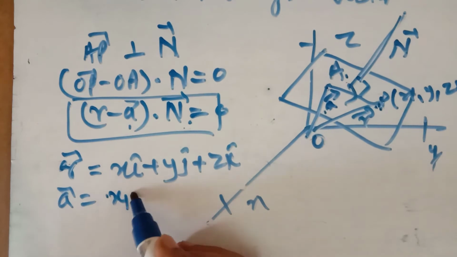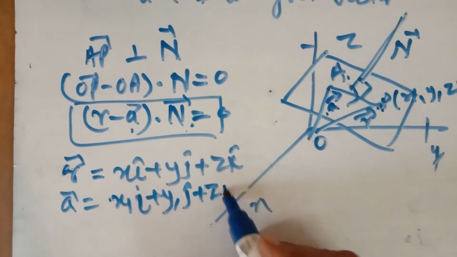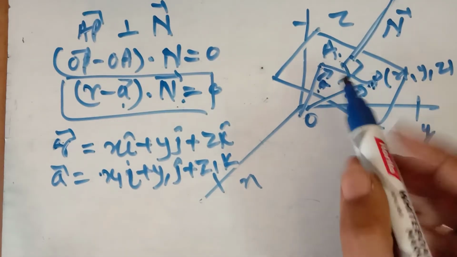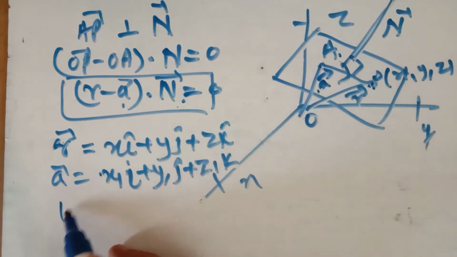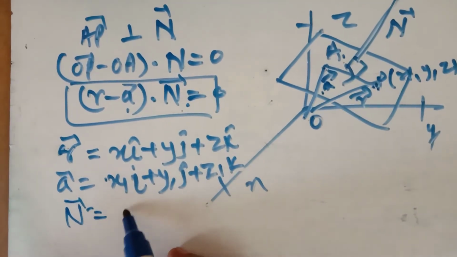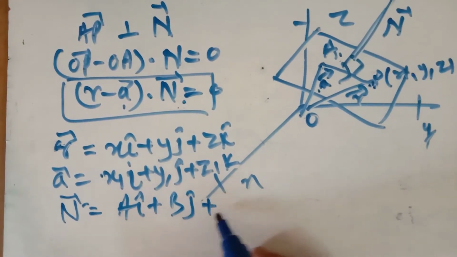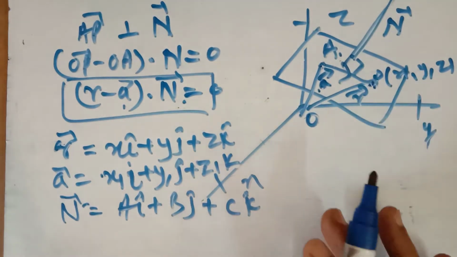So it will be x1 i plus y1 j plus z1 k. x1, y1, z1 are the coordinates of the point A, and x, y, z are the coordinates of any point in the plane, and the vector n will be equal to ai plus bj plus ck, where a, b, c are the direction ratios of this vector n.